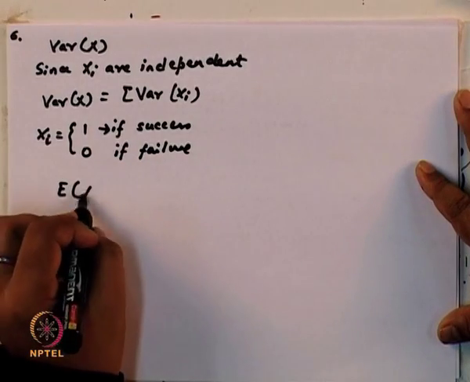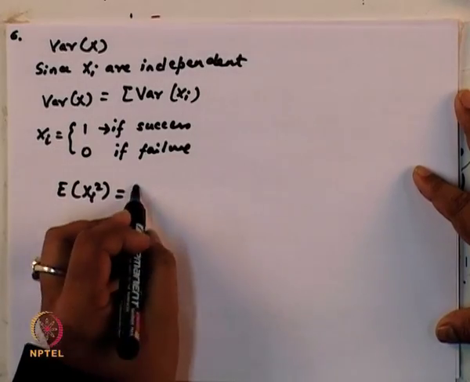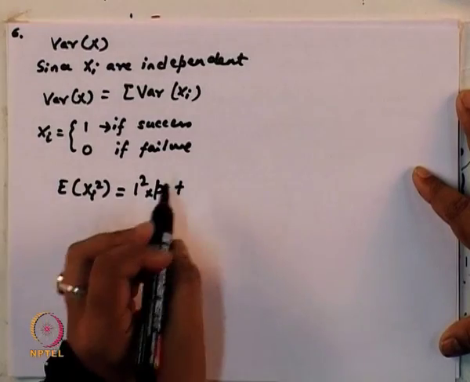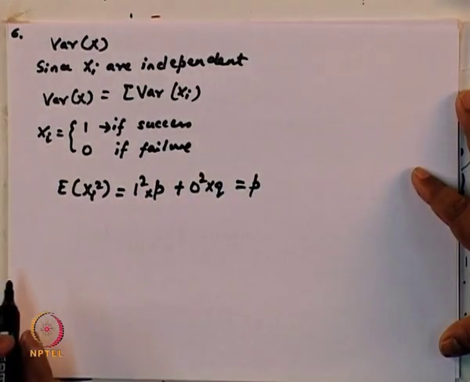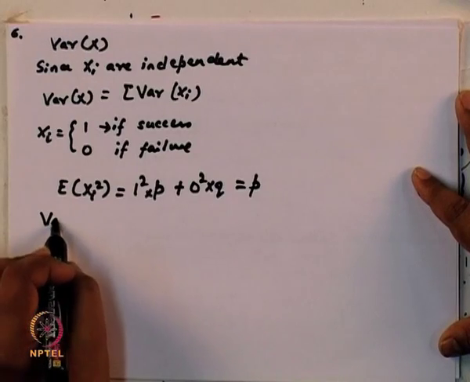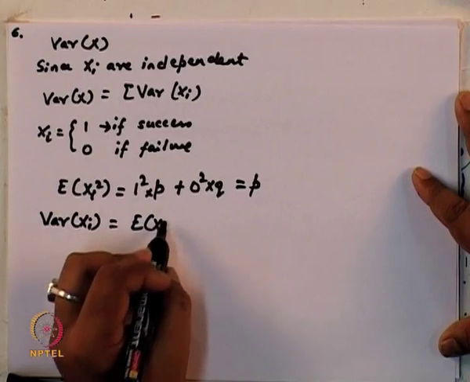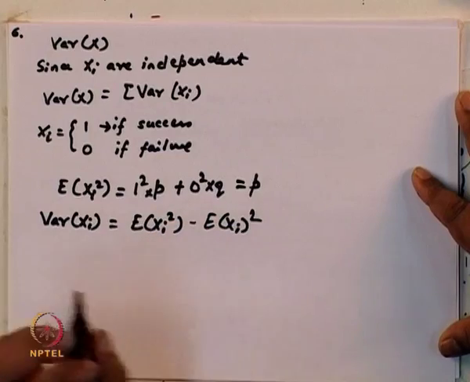So, E of X i square is equal to 1 square into p plus 0 square into q, equal to p. Your variance of X i is going to be E of X i square minus E of X i whole square.